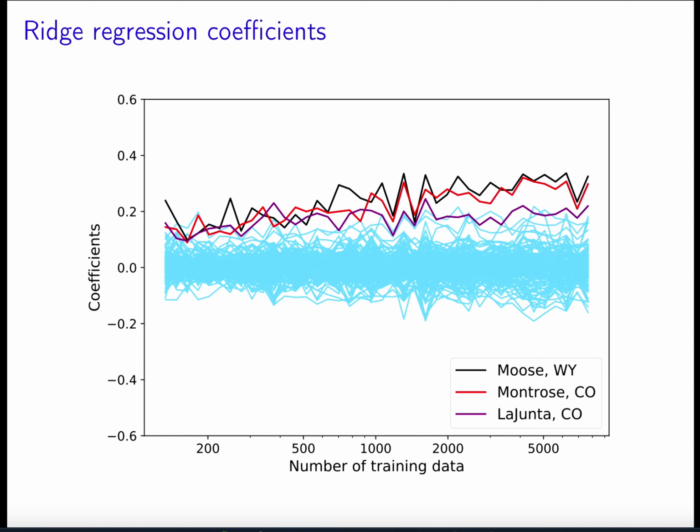Now I'm showing you the ridge regression coefficients for lots of values of the training data size, for lambdas that have been chosen through cross-validation.